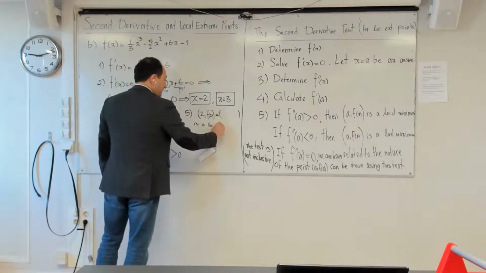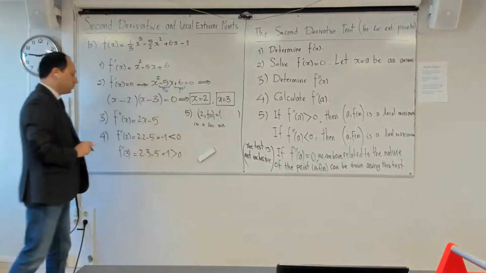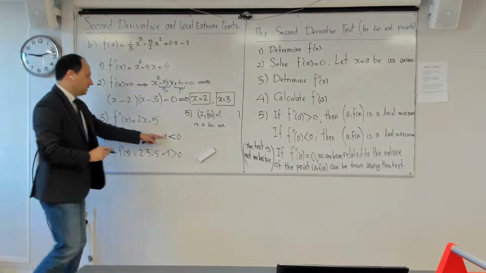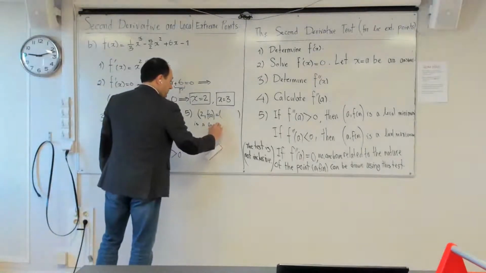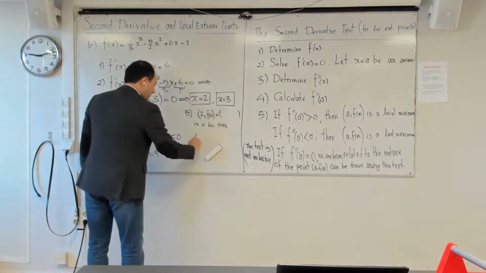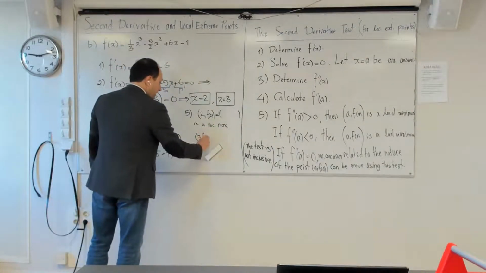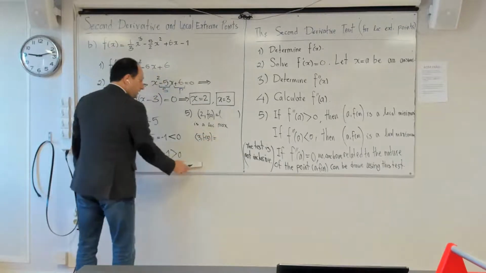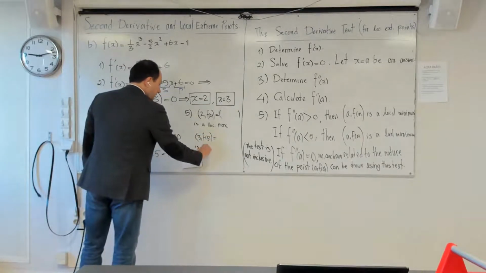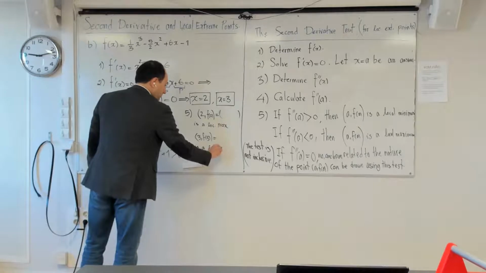Be careful. If it is positive, it corresponds to a minimum. Oh, sorry, it is negative. It's a local maximum. And then the point 3 and f of 3, I would write the answer in front later, okay, is a local minimum.